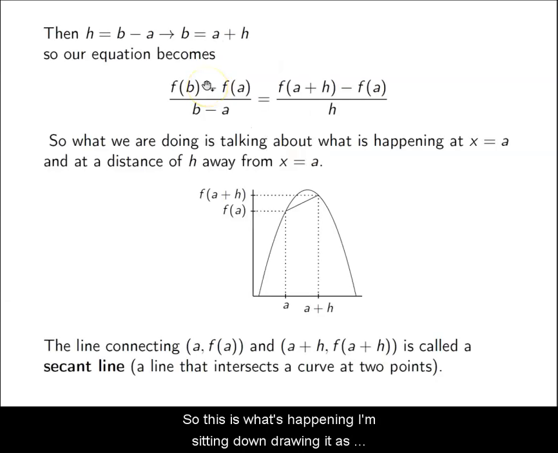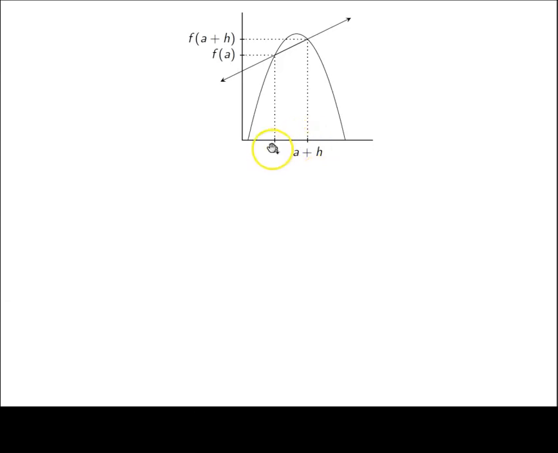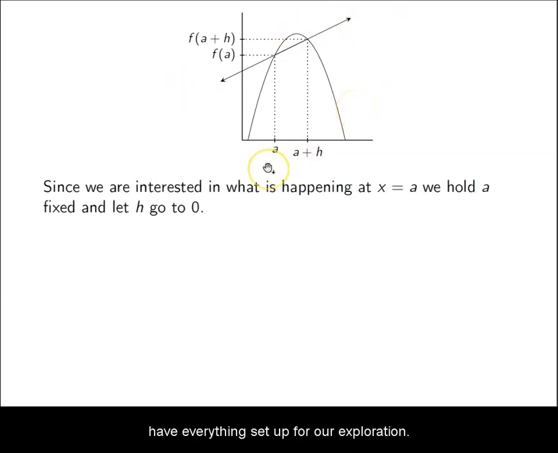Instead of drawing it as just a chord, which ends as it goes from one point to the next, we're going to draw it as a line, so it extends in both directions forever. I have my A and F of A, my fixed point, and now I have my point that is a distance away from A and its output. Okay, so now we have everything set up for our exploration.